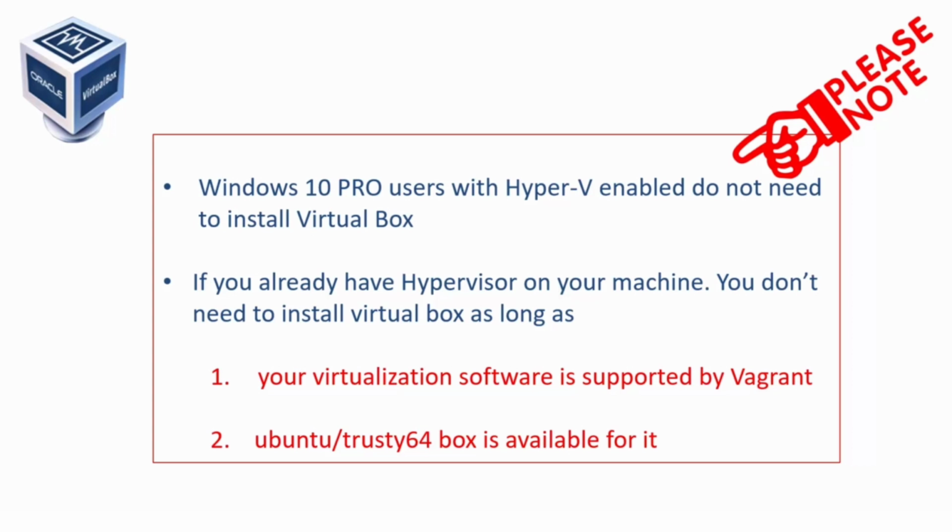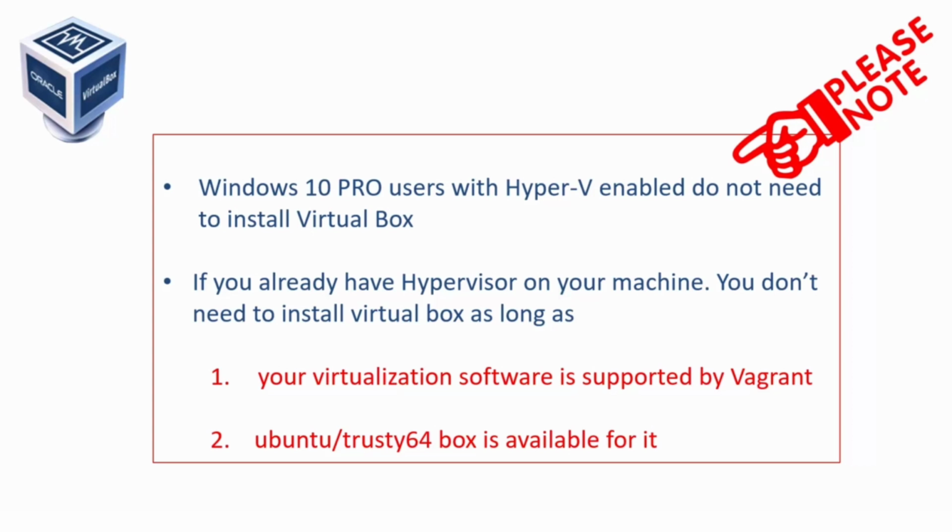If you already have some kind of a hypervisor on your machine, then in general, you don't need to install VirtualBox as long as your virtualization software is supported by Vagrant. So you'll have to check the documentation for Vagrant to see if your virtualization software will work or not.